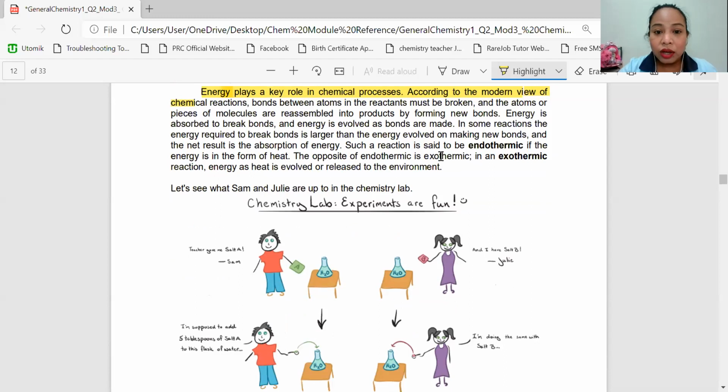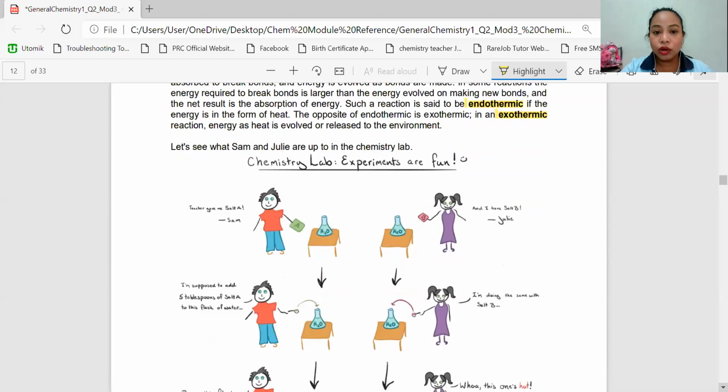Now, the inflow or outflow of energy depends on the chemical reaction. There are chemical reactions that are endothermic. There are also those that are exothermic, which we will discuss a little more after our break.